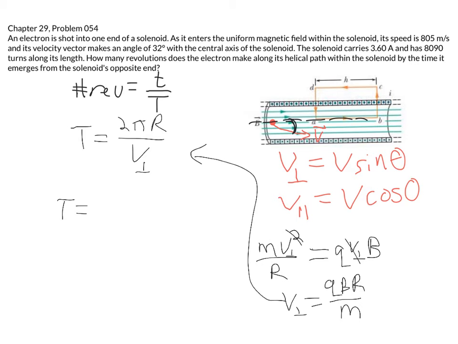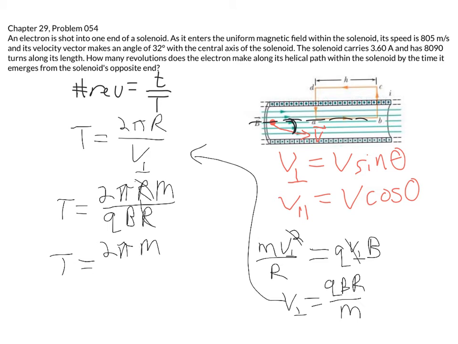So our period is equal to 2 pi, I'll leave the r here for now, the m comes on top, divided by q B r. Bonus, look what happens: the r's cancel out, so my period is just going to be 2 pi times the mass, which I know, over q, which I know, times B. All right, somewhat helpful, but I don't know what B is.